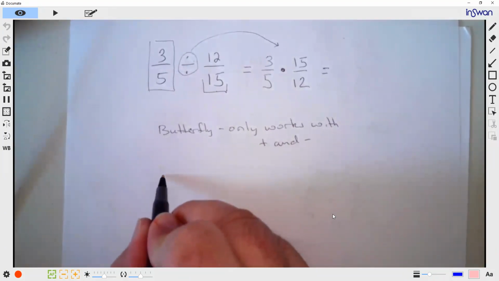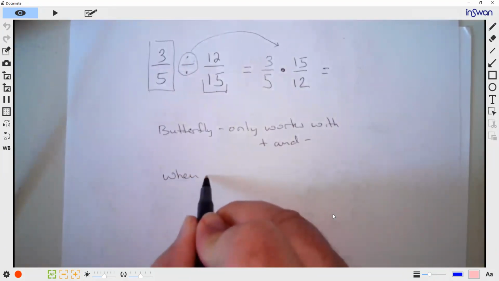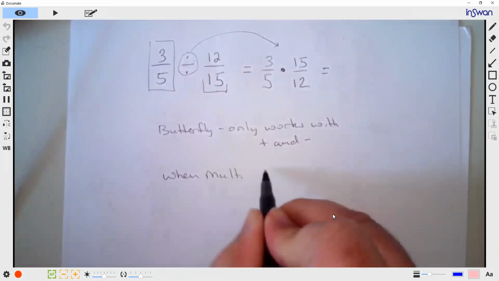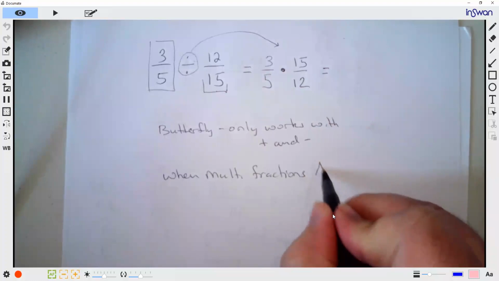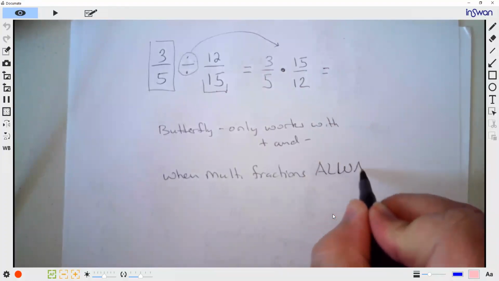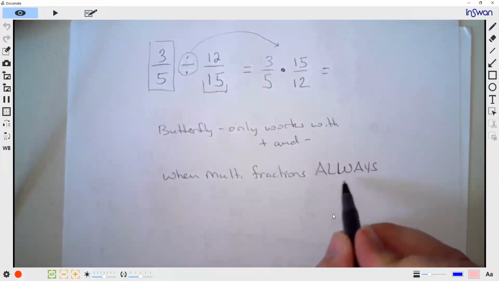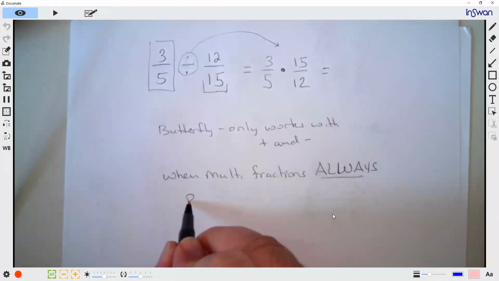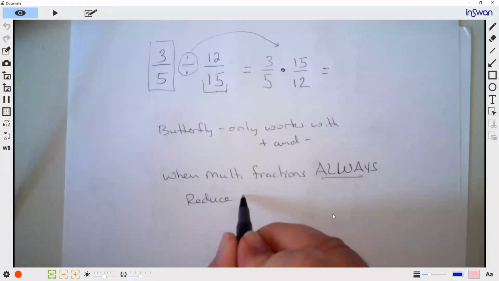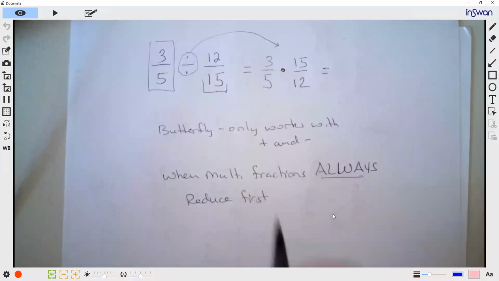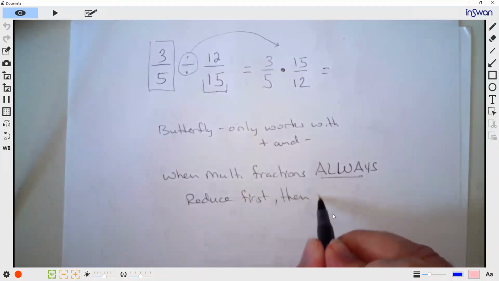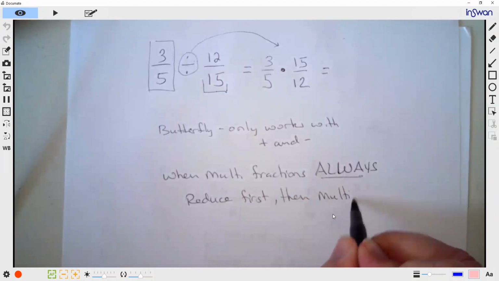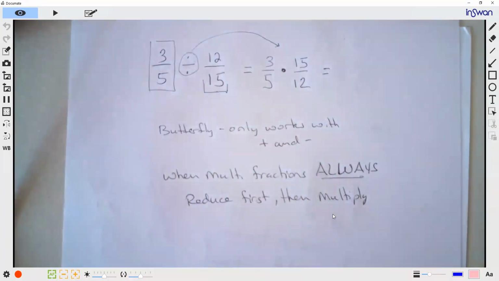Okay, here's another rule. When multiplying fractions, always, and I'm kind of stressing that, reduce first, then multiply. And I'll show you why in a second.